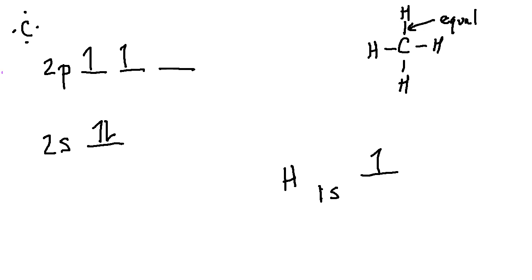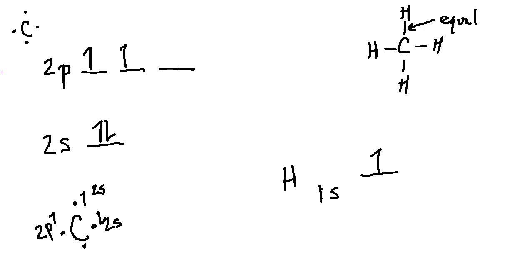So if I think of carbon, and I was looking at the electrons that are going to bond with the hydrogen, I would have a carbon. Let's say that this electron is found in the 2s. This electron is found in the 2s. And then I have 2 electrons that are found in the 2p.